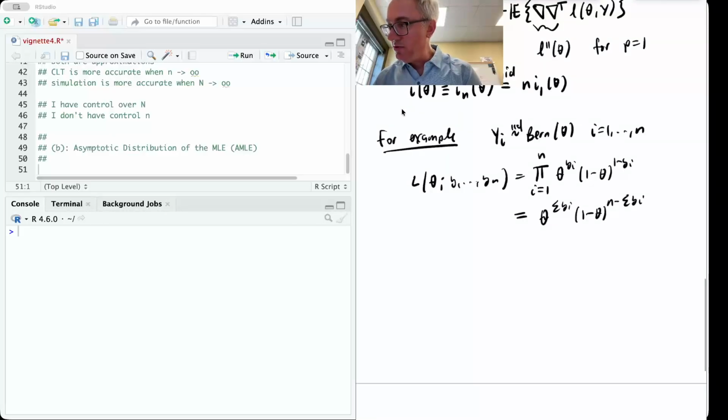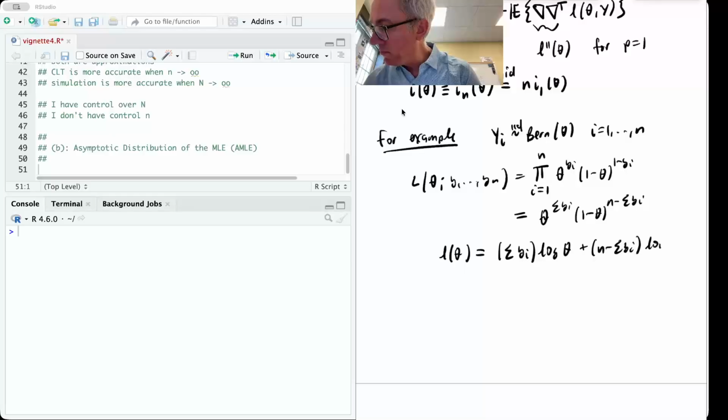And then to maximize the likelihood, first take the logarithm, and that's going to bring those sums down. And then take the derivative of the log likelihood, set that equal to 0 and solve.